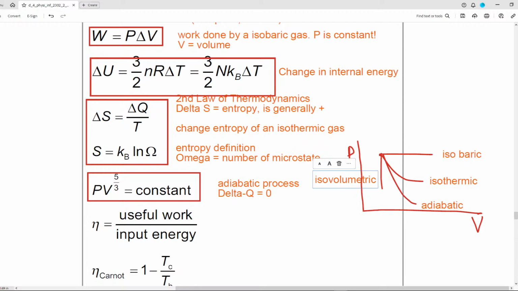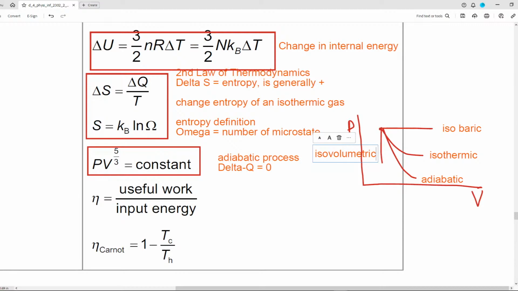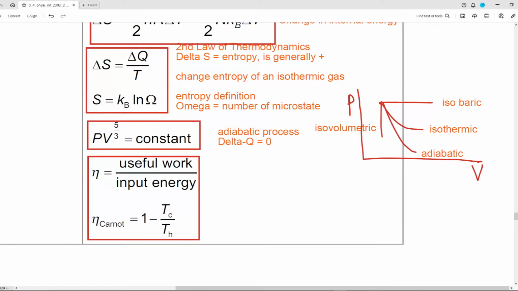Then you can talk about thermodynamic processes. The last two have something to do with engines, specifically how effective the engine is. Efficiency, of course, is useful work over input. But for an ideal engine where the energy is 100% conserved, no loss in energy whatsoever, you don't have to add energy or remove energy from the system, it's self-sustaining, then basically all the energy not used to heat up the substance is used to do work.